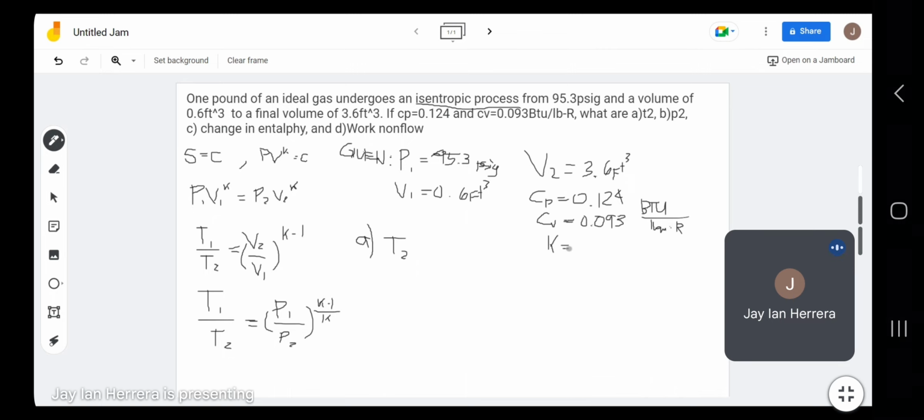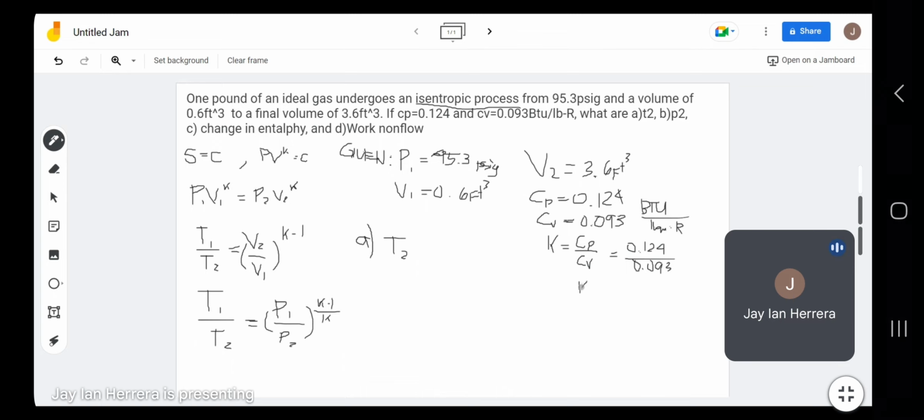As we recall, K is equivalent to Cp over Cv. This becomes unitless since they have the same unit, so we just divide that: 0.124 all over 0.093.